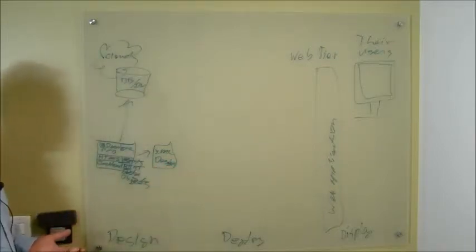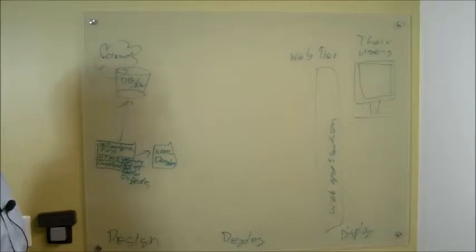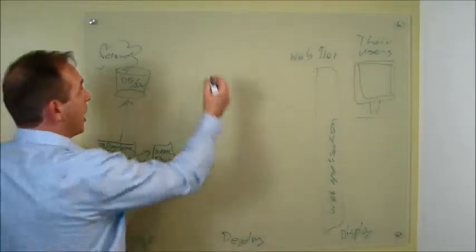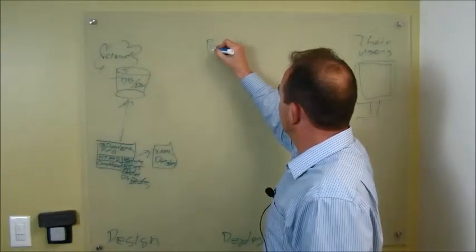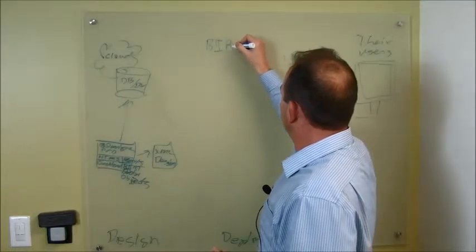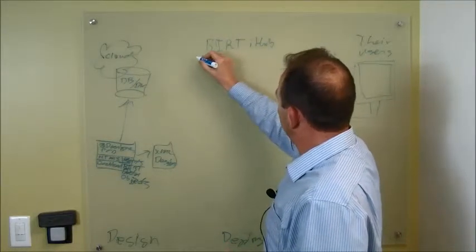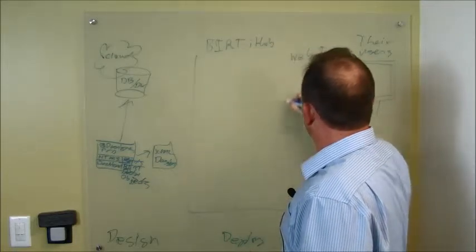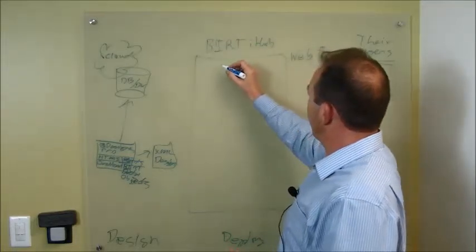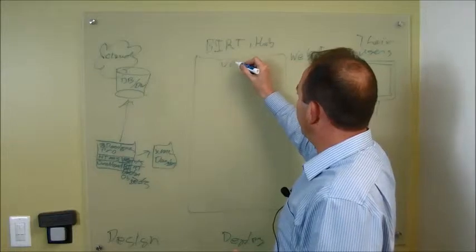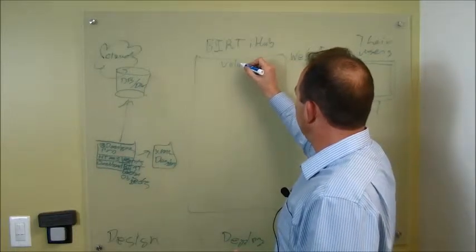Now the next challenge is how do you actually deploy this kind of content? And that's where the BIRT iHub comes in. And within the BIRT iHub, you can have multiple volumes. We're only going to be showing one.